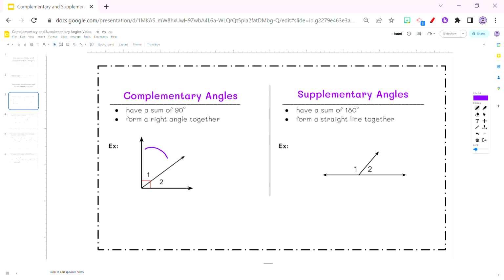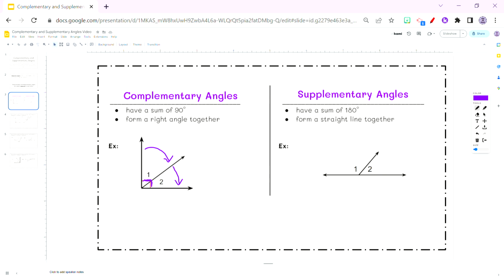So angle 1 and angle 2, they add up to 90 degrees because they are complementary. Okay, and again, the one marker that gives it away is this little box here. All right, if you have the little box there, you can assume that they add up to 90 degrees or that they are complementary. All right, so the sum of angle 1 and angle 2 would be 90 degrees.